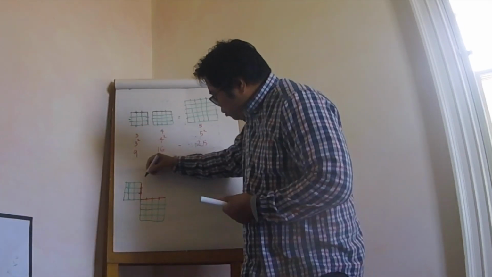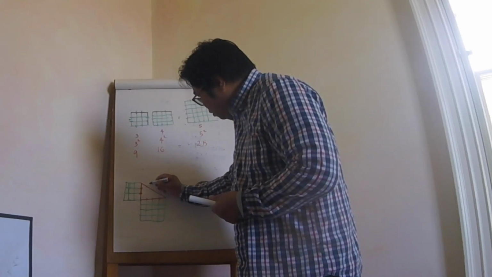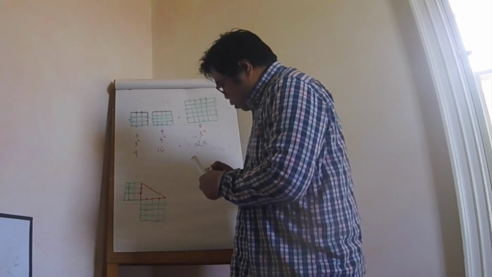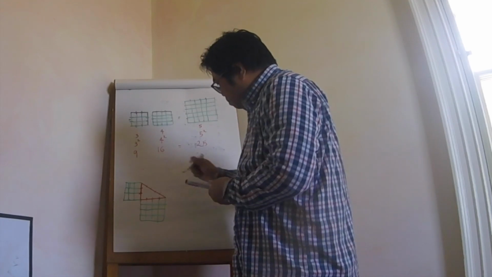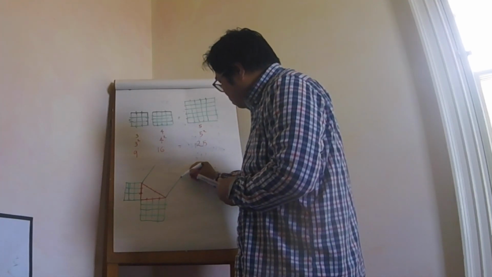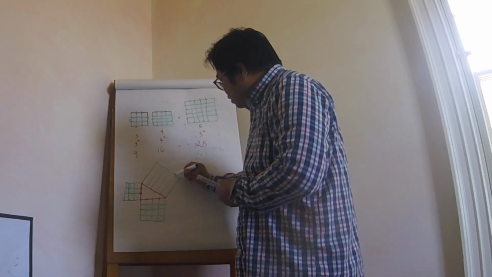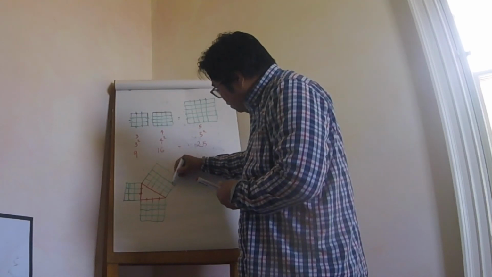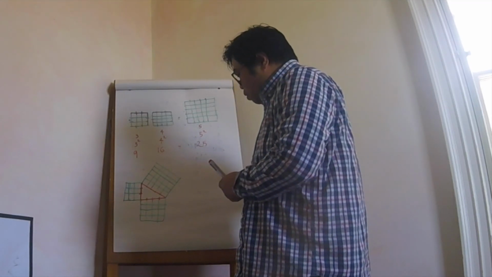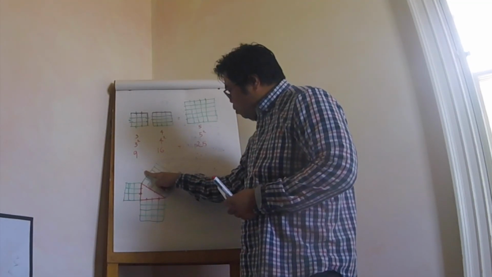So essentially, the answer should be this. So this should be split into 5 parts, and then you square this here. And then you got essentially this. So the square of this and the square of this is equal to this.